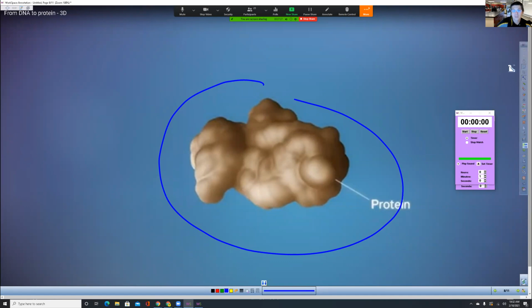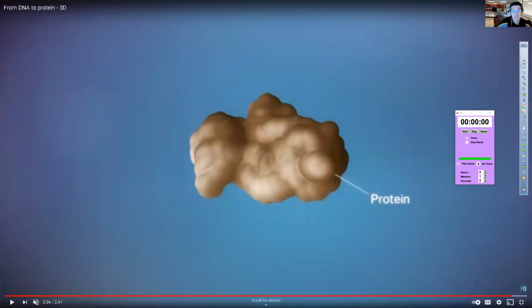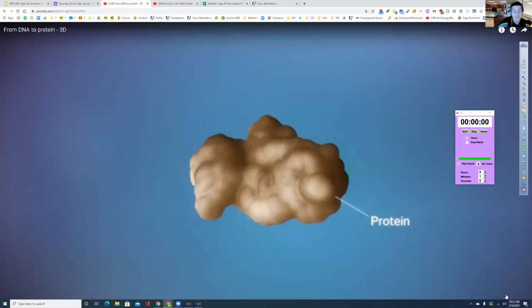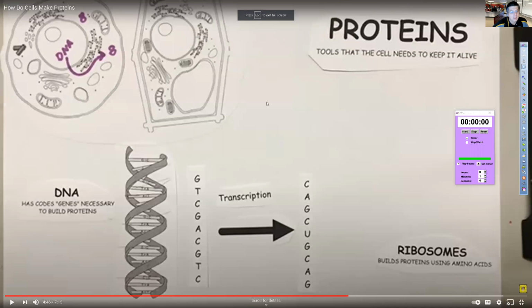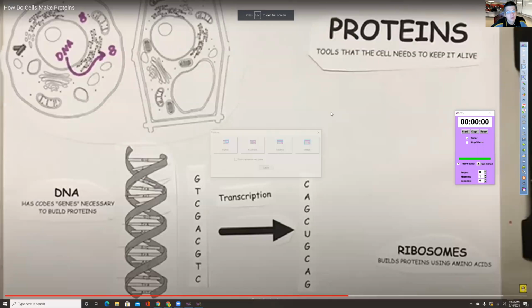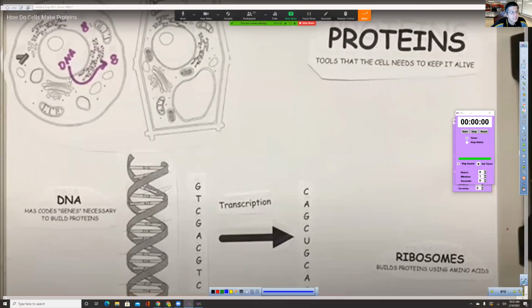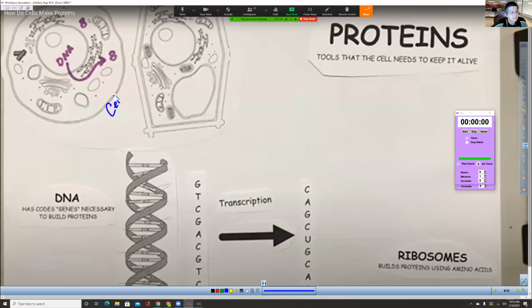And so ultimately, that's what I want you guys to really understand today: your body is made up of cells, right? And inside the cells, there's DNA, and that DNA has these things called genes.